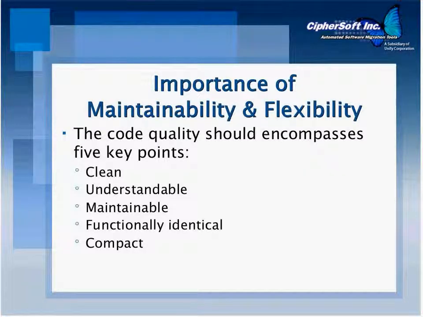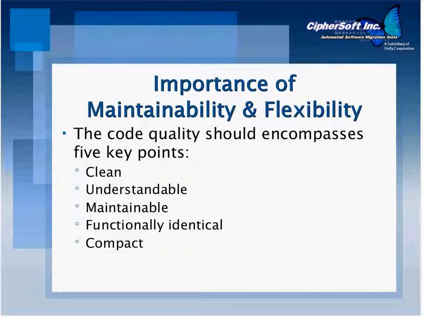Maintainable and functionally identical. And by that I mean in taking the business logic over, you're able to have the functionality the same, but as I said earlier, with Exodus you can choose to maybe have a different UI or have the same look and feel, whatever you choose.